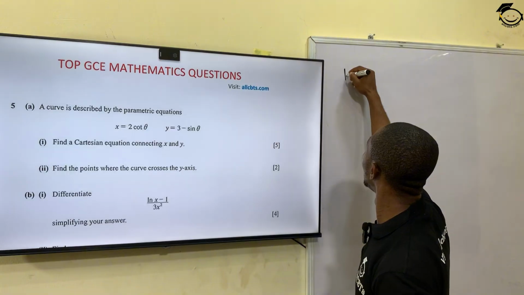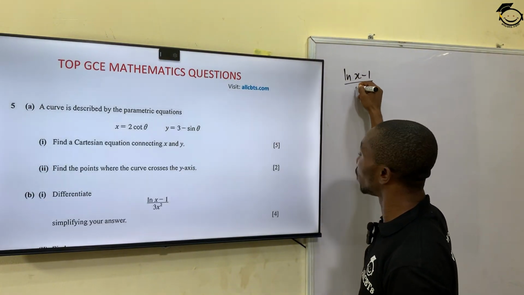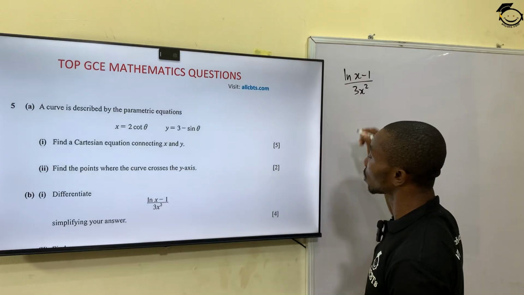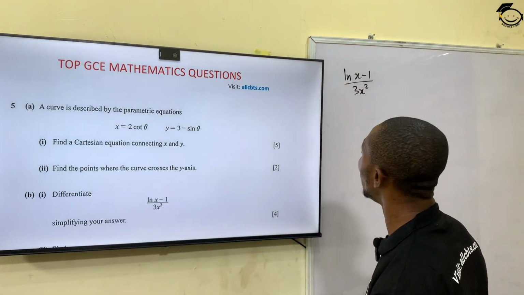Differentiate ln x minus 1 all over 3x squared and simplify your answer.